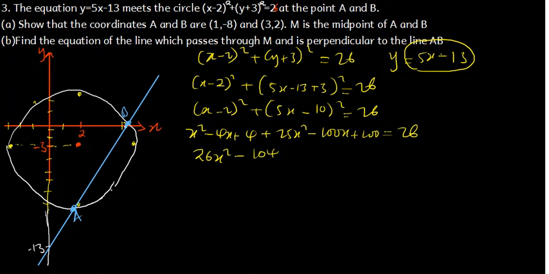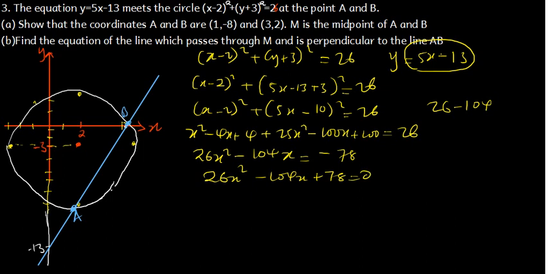give us 104, but that 104 we are going to take it the other side, and then it will be 26 minus 104, that is going to give us a negative 78. We can take this 78 the other side to become positive, that will be 26x squared minus 104x plus 78, and that is going to be equal to 0.